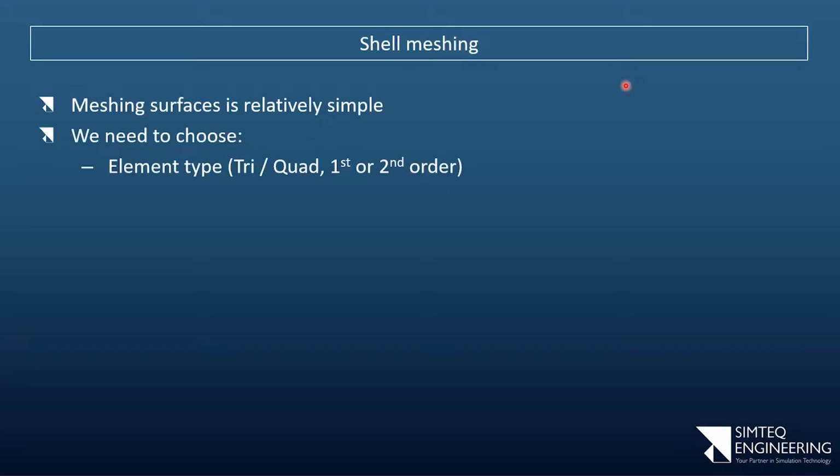Okay, so what we need to do is choose which element type, whether it's, for argument's sake, a quad element, whether it's first or second order elements. We need to pick the meshing strategy. If you're familiar with Patran, you might know paver and isomesh. There's some additional types that you get in some other software. So you have to pick that, and you have to pick the element size.